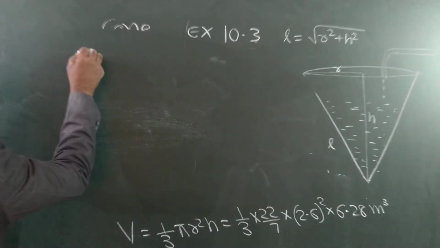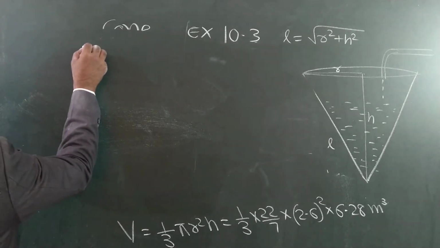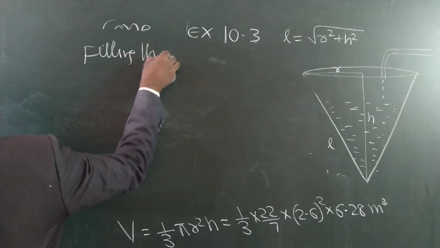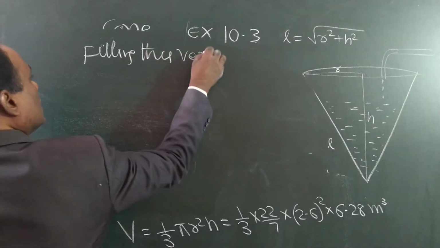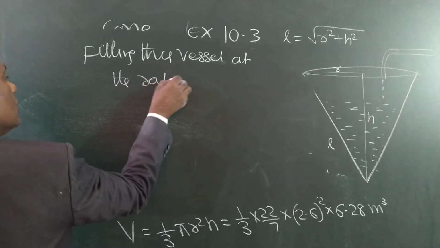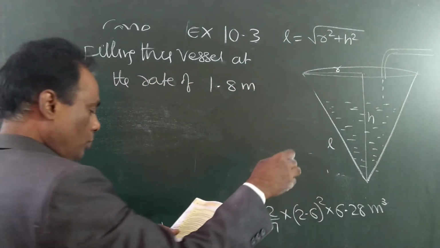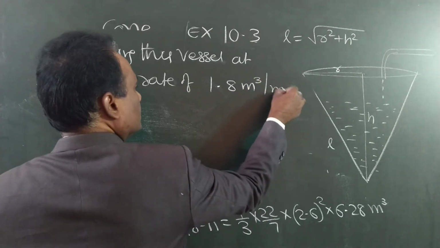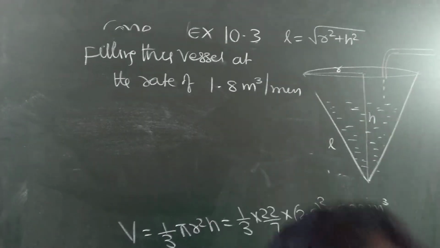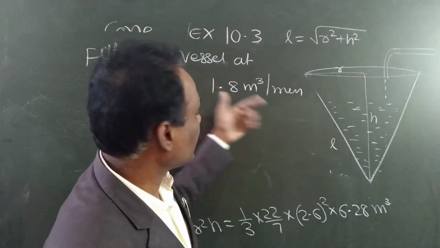See here. Filling this vessel at the rate of 1.8 meter cube per minute. So for 1 minute this much amount of water we are keeping, this 1.8 meter cube of water.